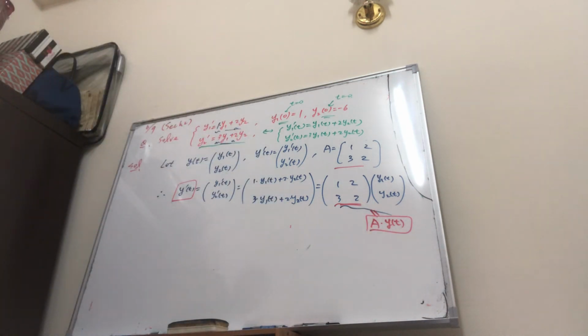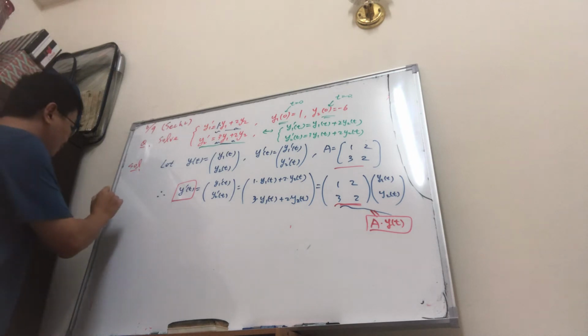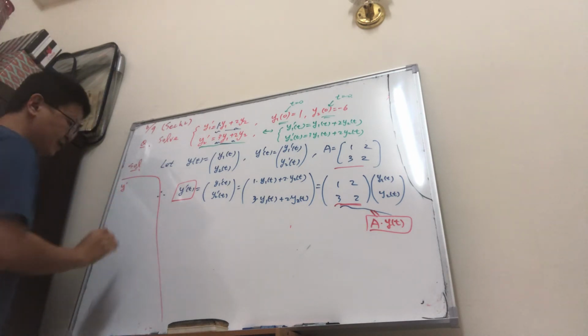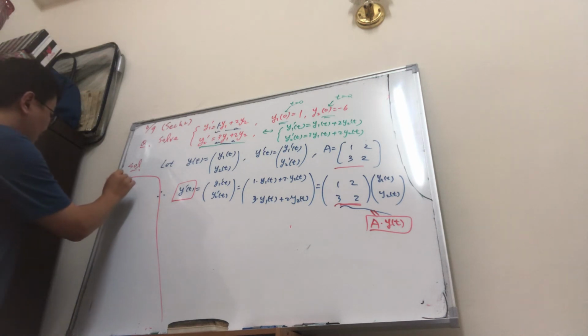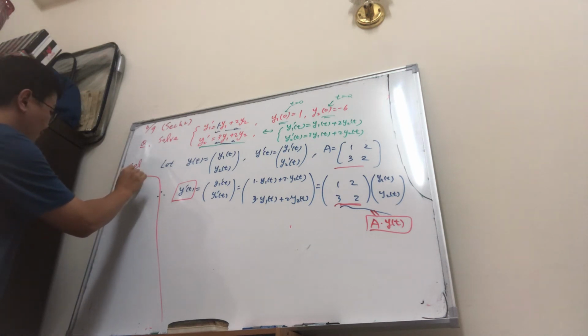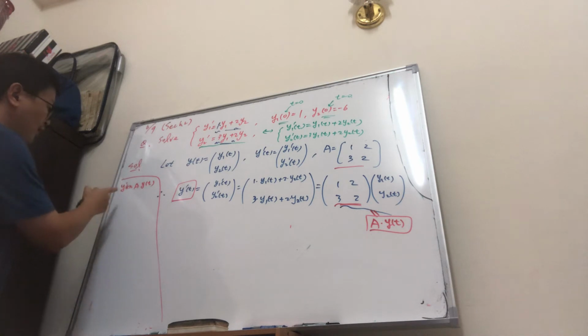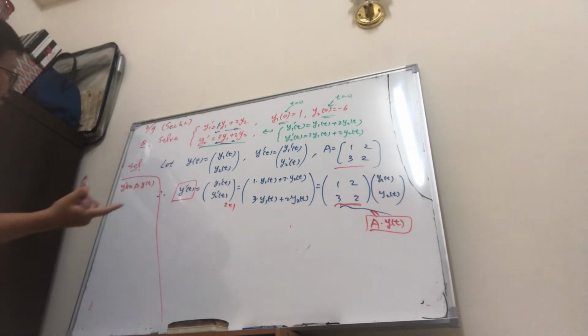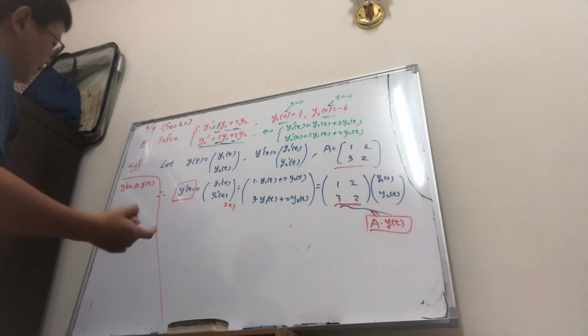So for this kind of matrix equation, y prime t is a 2 by 1 vector, and even if it's not 2 by 2, we have some similar result.